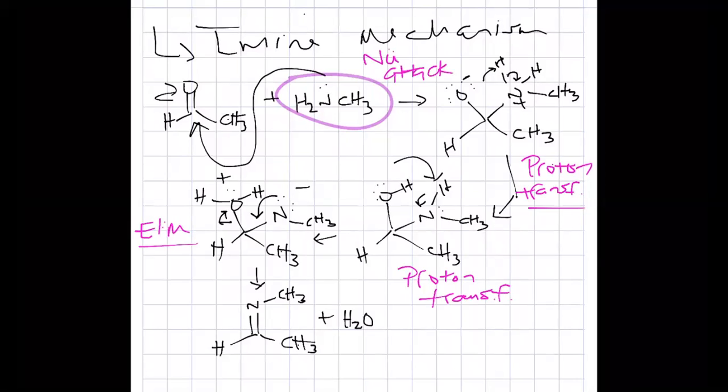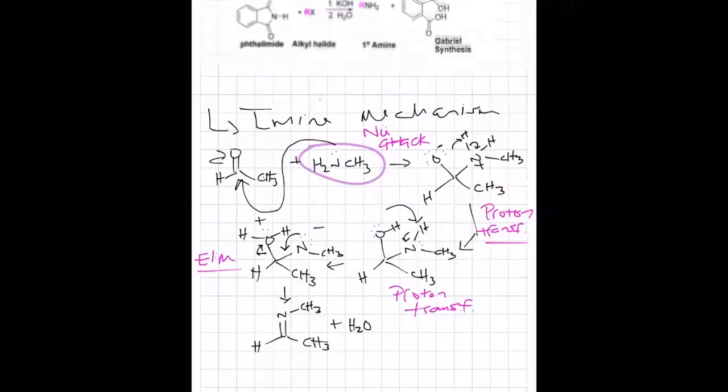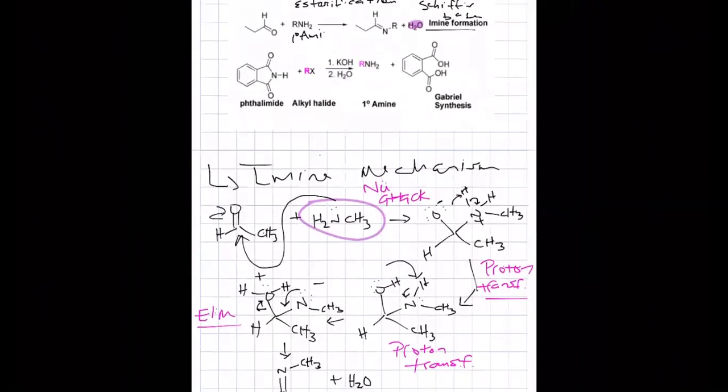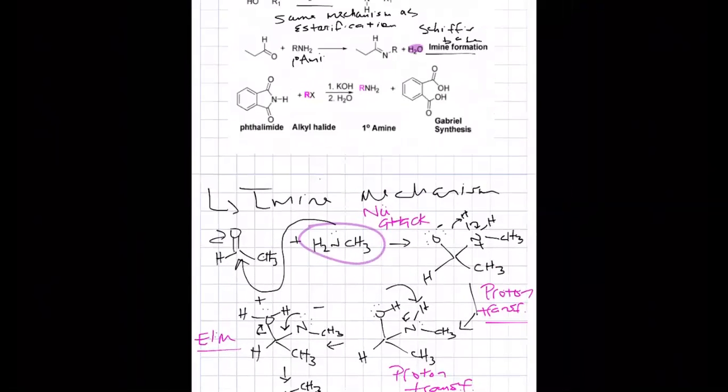So again, the imine is a very important functional group. It's common to a lot of different molecules like natural products and things like that that have biological activity. So yeah, that's that. And then the last reaction that we're going to talk about with amines is how to make them from alkyl halides. So that's what this reaction is right here, this Gabriel synthesis.